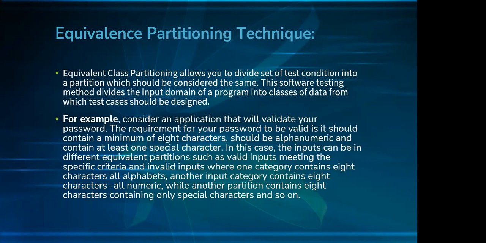Another input category contains 8 characters, all numeric, while another partition contains 8 characters containing only one special character, and so on. So we can do several ones. So I can say 8 characters.